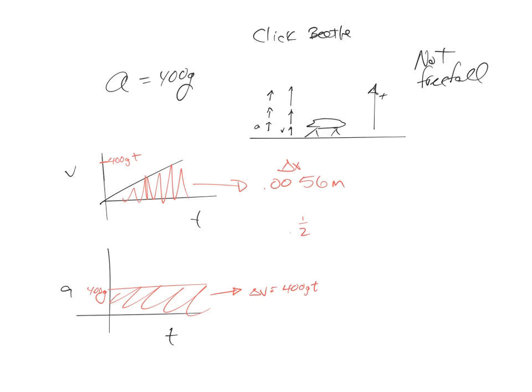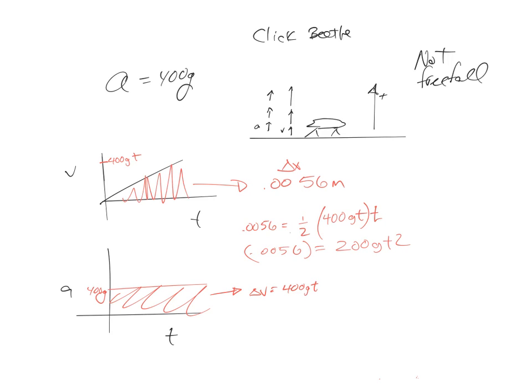So one half times base times height, and the area has to be our displacement, 0.0056 meters, is going to equal one half times 400 gt times t. So I'll just write it this way: 200 gt squared.